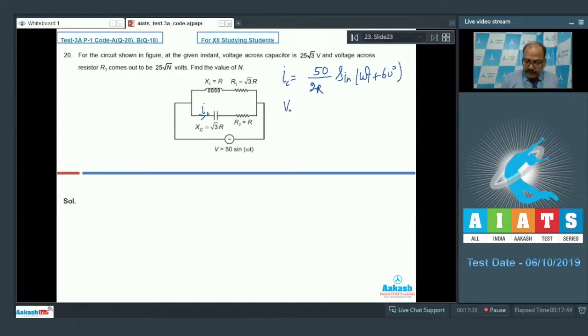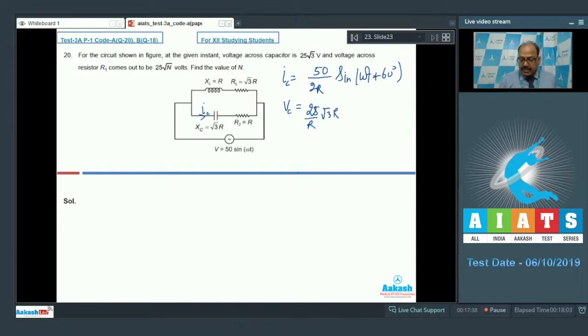And the potential difference across the capacitor VC will be, its peak value is going to be IC multiplied by XC, that means it is 25 by R into root 3R.